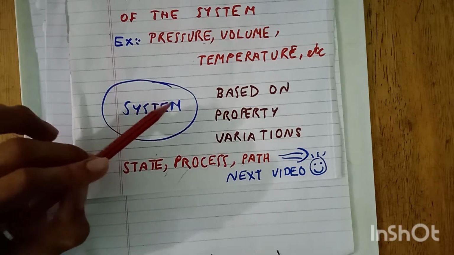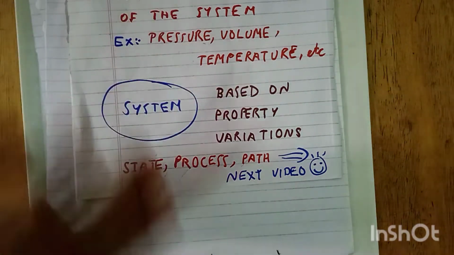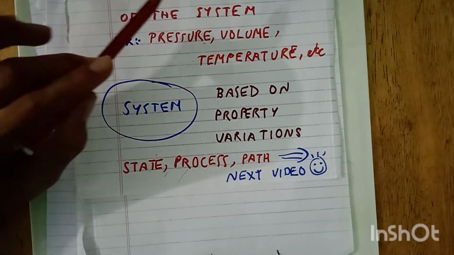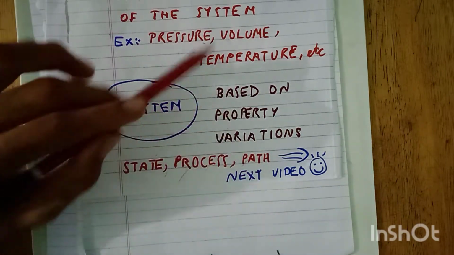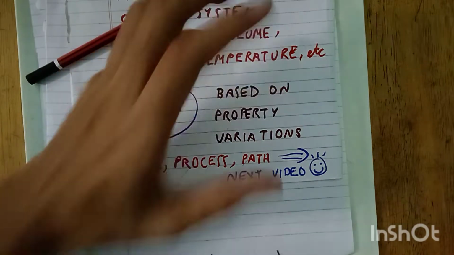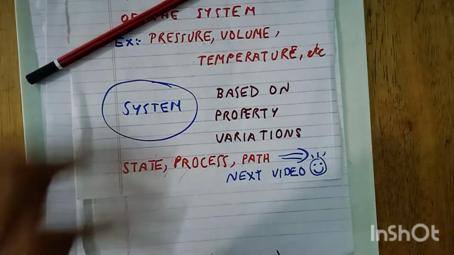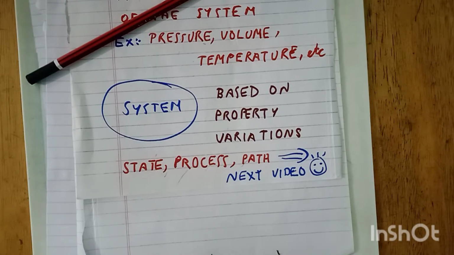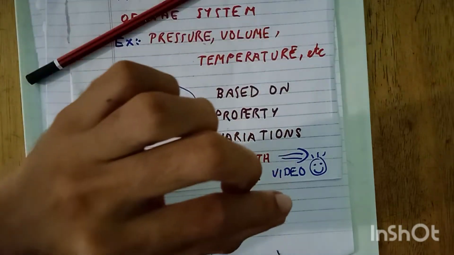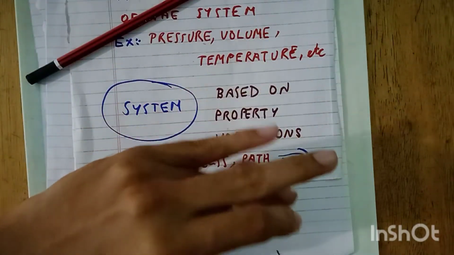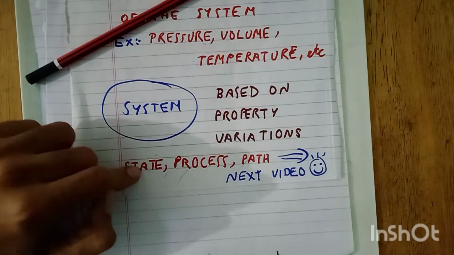Consider a system. In any system, there may be variations in the properties. Based on property variations, some systems will have definite values of properties, and for some systems the properties will vary from one state to another, which we will discuss in the coming sections.